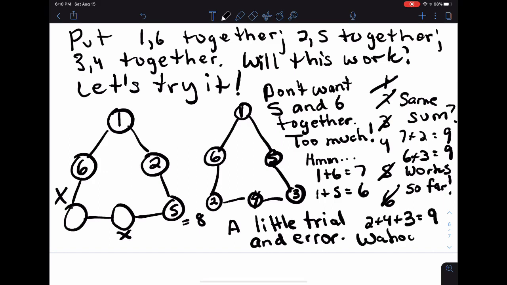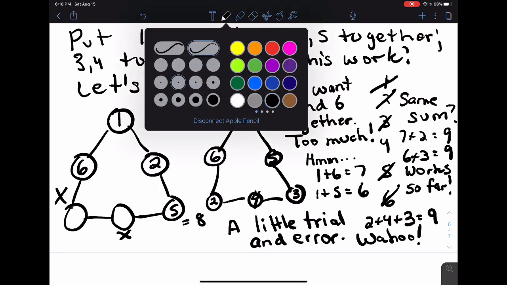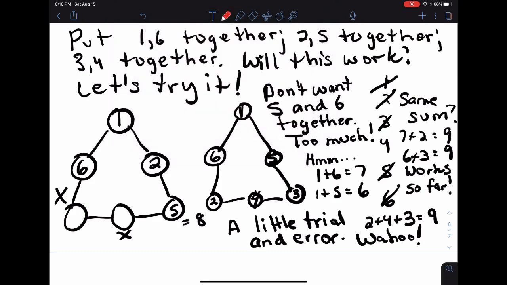Wahoo! Got it! There's my answer. Yay! So maybe we can box that in. This is the one we want. That worked out. Woohoo! So that's just a little Polya method there.